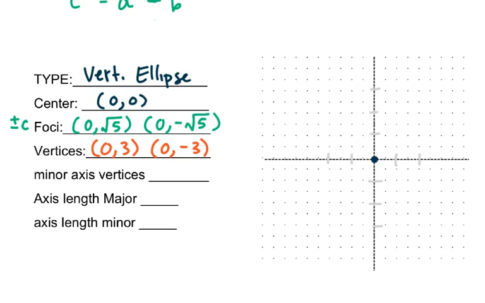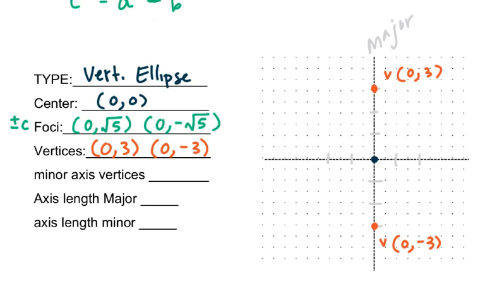So my major axis is vertical, and that means my big changes, my foci and my vertices are stretching out along that vertical y-axis. So up 3 units and down 3 units, those are my vertices. I have a vertex at 0, positive 3, as well as a vertex at 0, negative 3.